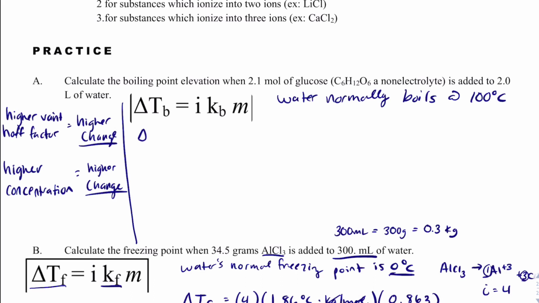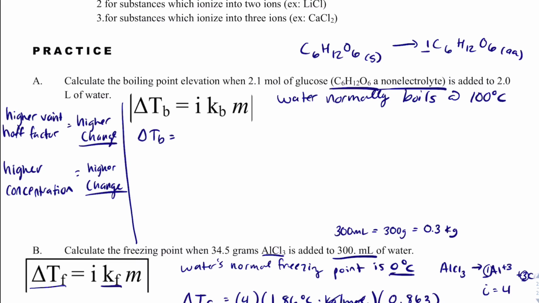Okay, so delta TB equals glucose. Glucose is a non-electrolyte. What that means is our CHO element, C6H12O6, is a solid. It's just going to dissolve in water but not break apart. So we get 1 mole of product, so our Van't Hoff factor is 1.